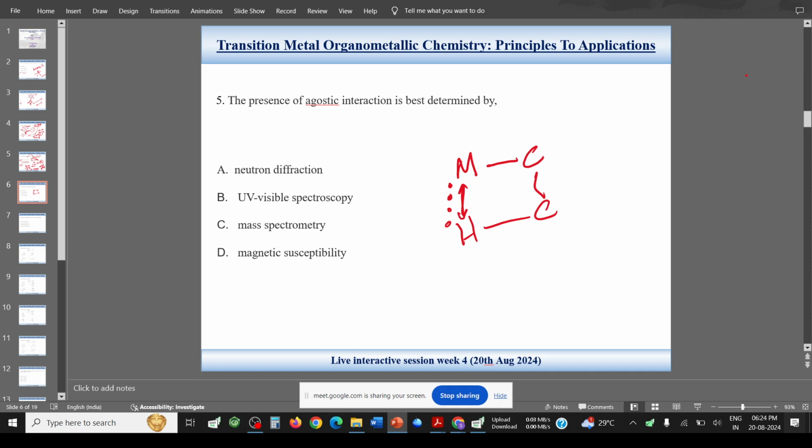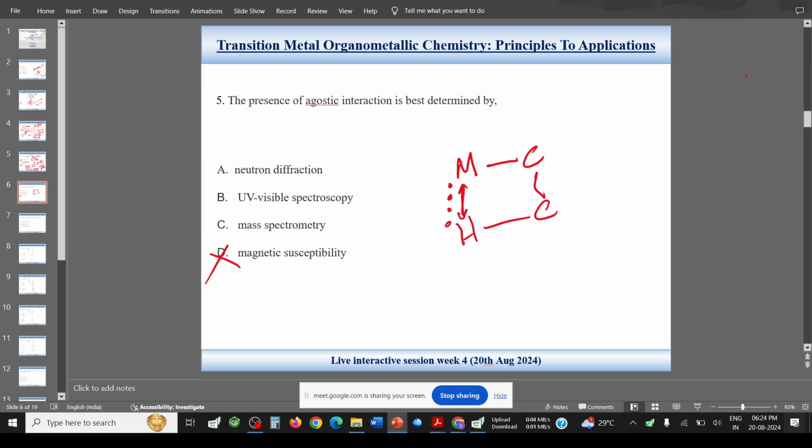So directly we can cut the magnetic susceptibility option, because magnetic susceptibility is valid when you know the exact metal and its geometry, and that metal should be paramagnetic. Paramagnetic means the metal should have unpaired electrons. Then only will we consider magnetic susceptibility.